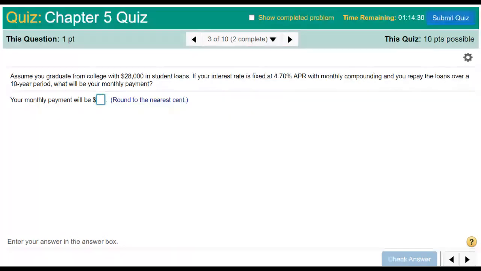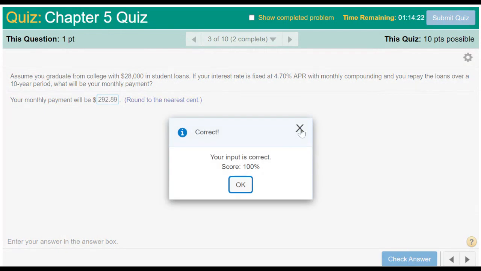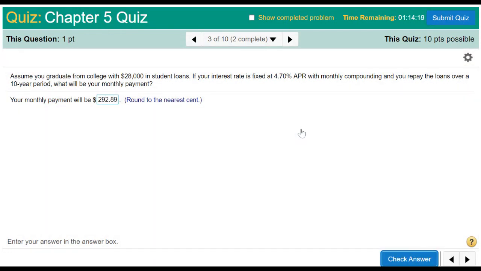N equals 120. 292.89. Good. But it can't be 2,000. Figure you have a loan for 120 months and you owe 28,000. If the payment were 2,000, you'd be paying thousands and thousands of dollars more. No. It's 292.89. Good.